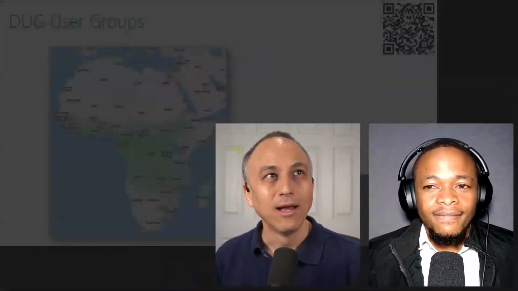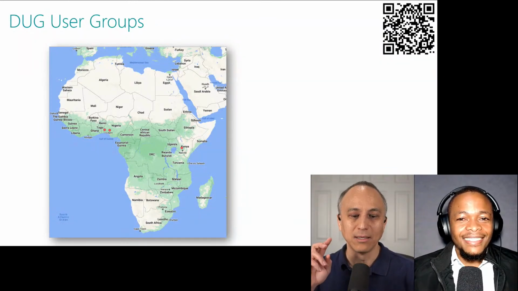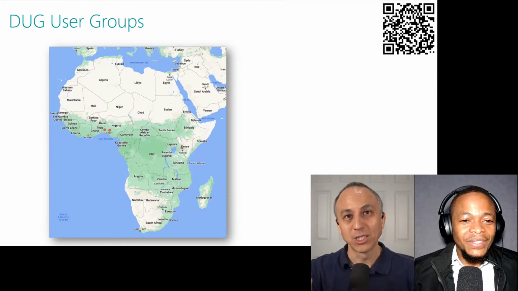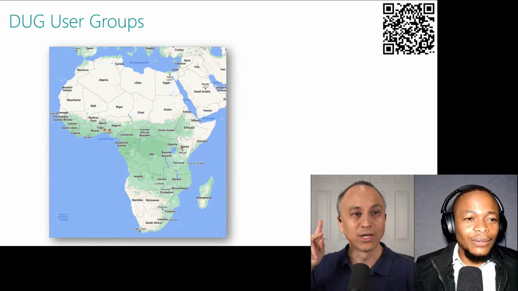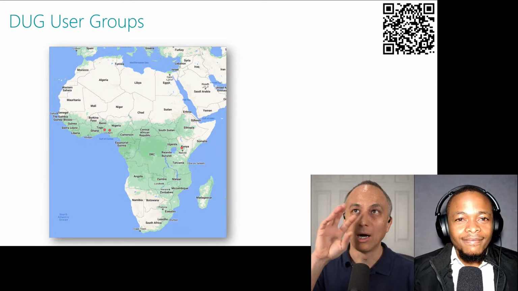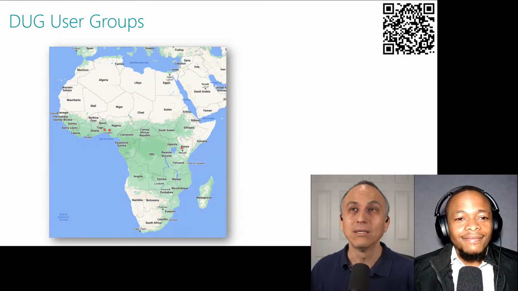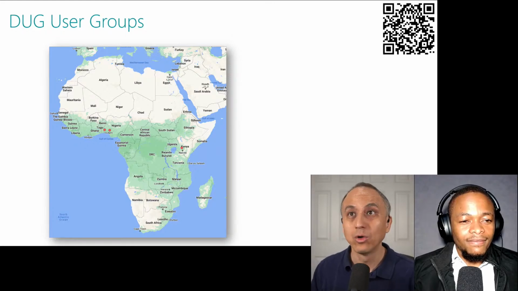Very cool. Well, this is a map I pulled from the Dynamics user group website. On the website, they have a button, find a local user group, and I have the QR code above there. I just scrolled over to the African continent, and it looks like there are two in Nigeria, which I haven't heard who's organizing that.